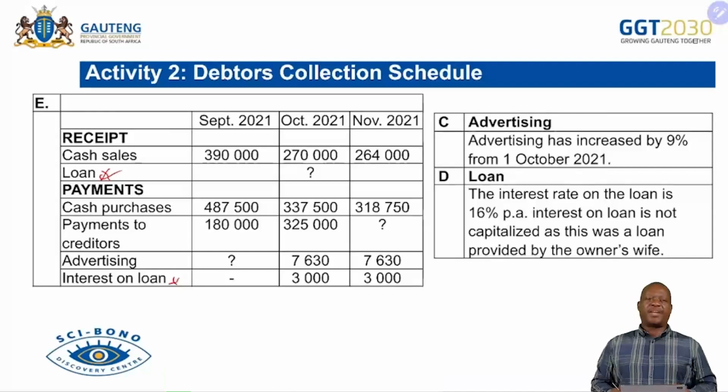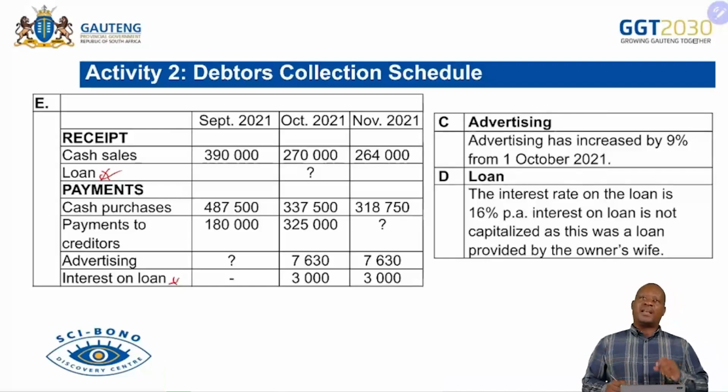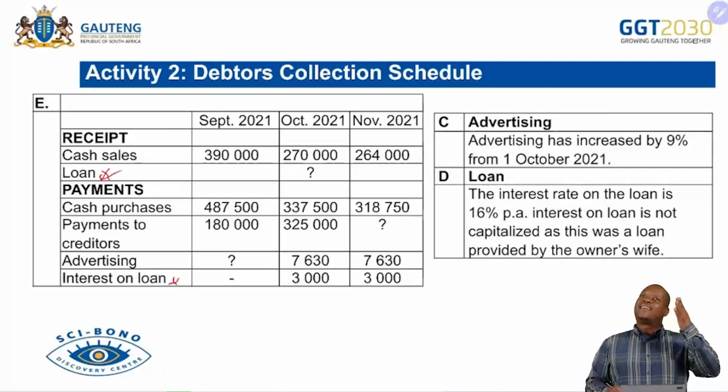The interest rate on the loan is 16% per annum. And interest on loan is not capitalized, as this was a loan provided by the owner's wife. In other words, they are saying interest on loan is 16% per annum of the loan.